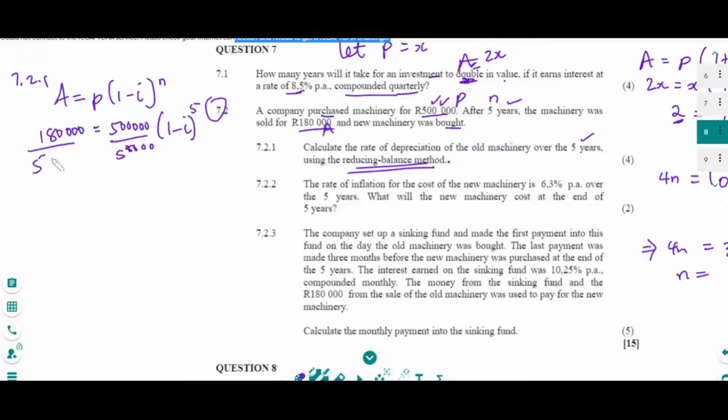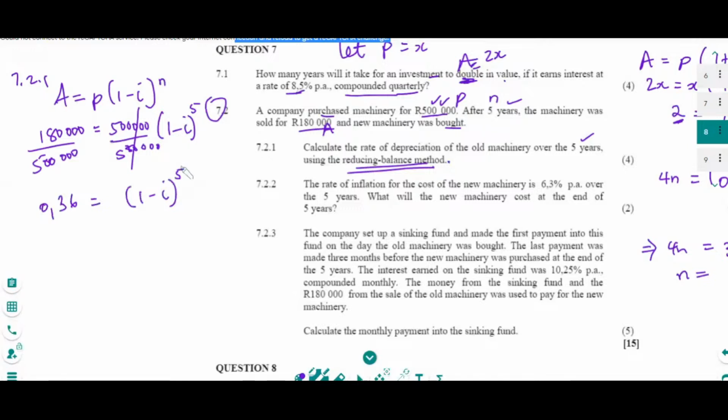So you first of all get rid of what is around the bracket. That cancels, and then I have 180,000 divided by 500,000. We have 0.36. Okay, 0.36 is equal to (1 minus i) to the exponent of 5.